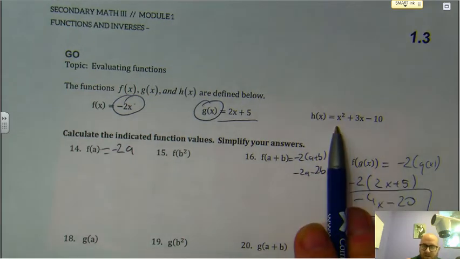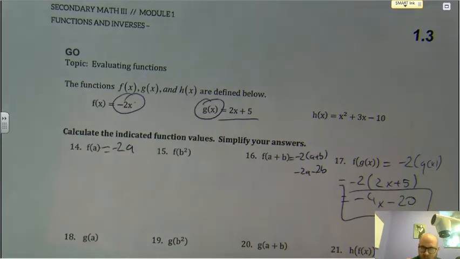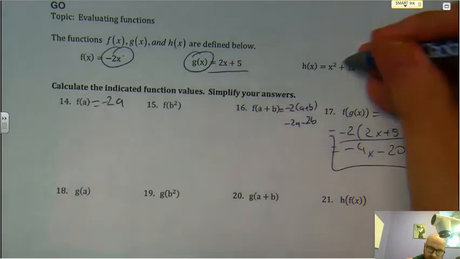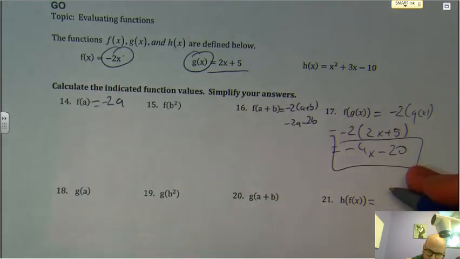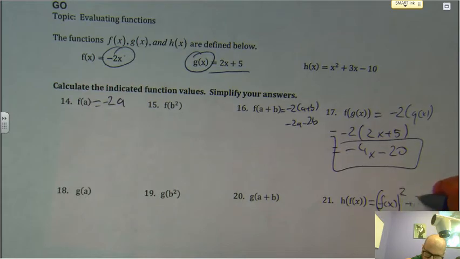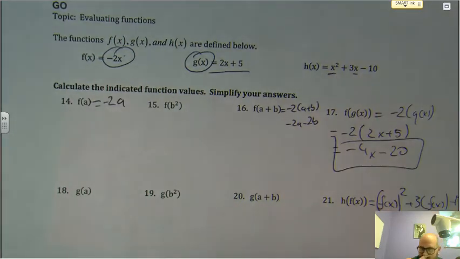Be mindful that we're going to have to square our x's. So when we have h of x of f of x, we're going to have to square from there. Actually, let me do that one. Let me do the h of x of f of x. So this is going to be f of x squared plus 3 f of x's minus 10, right? Because we're putting f of x's in for our x's.